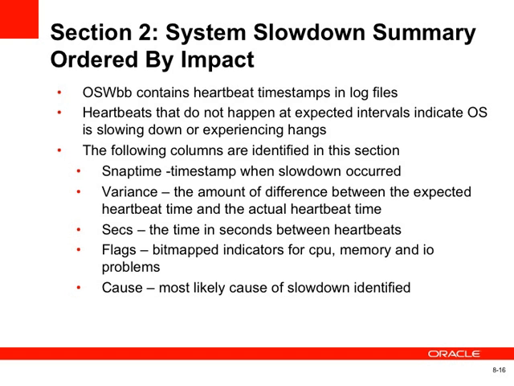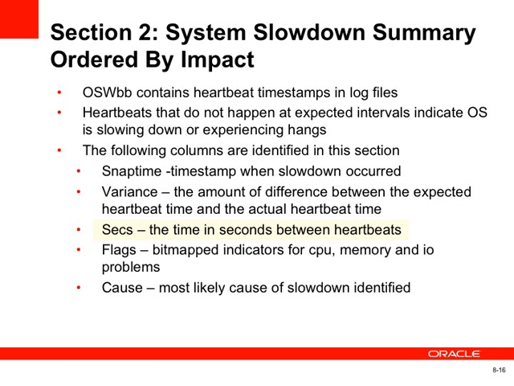The information in this section contains the following columns pertaining to the slowdowns. The snap time column contains the actual timestamped heartbeat time from the OSWatcher black box log files. The variance column indicates how significant the actual timestamp differential is from its predictive value. For example, a variance of 2.0 would indicate a 200% difference in the actual time from the expected time.